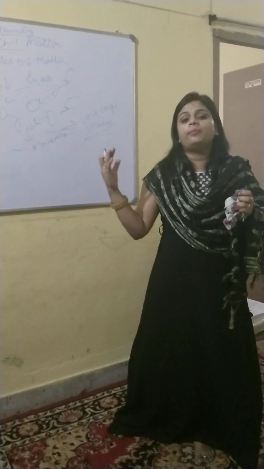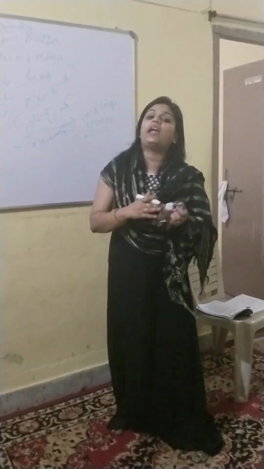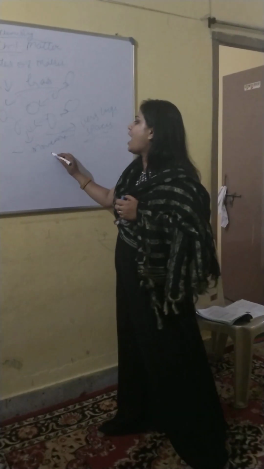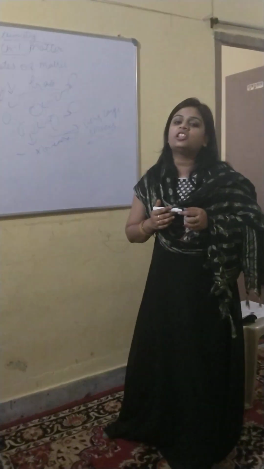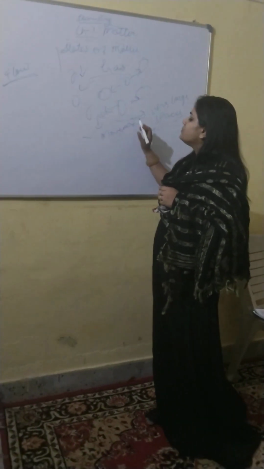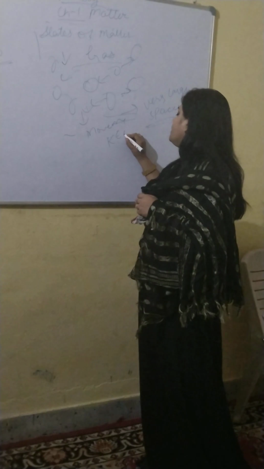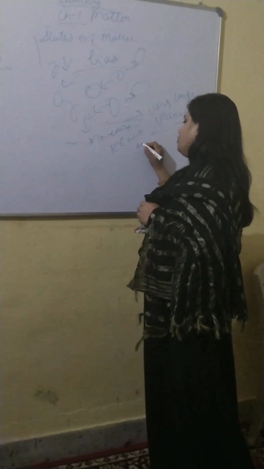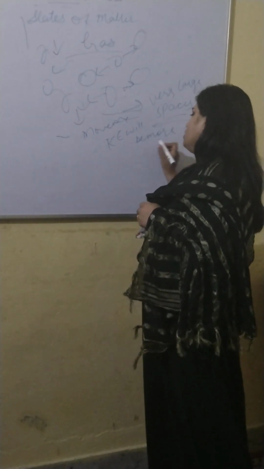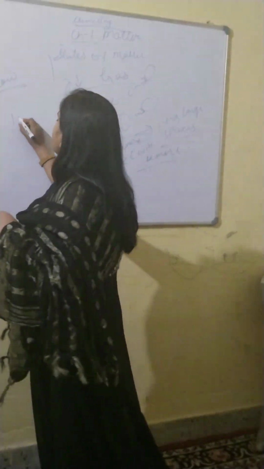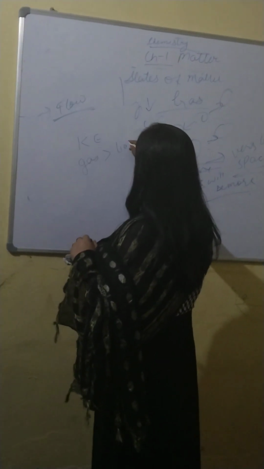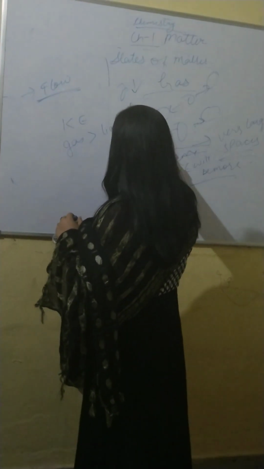There are many chances to collide with each other. So the collision is more, so kinetic energy will be more. So kinetic energy in gas is the most compared to liquid and very least in solid.